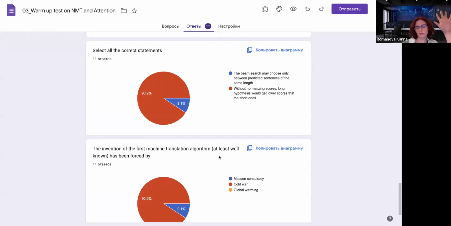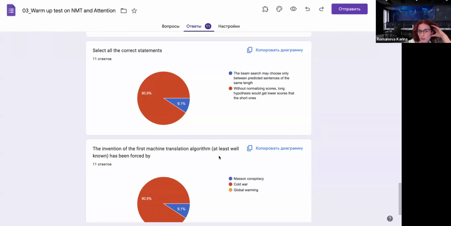Why? Longer hypotheses tend to accumulate lower probabilities, since the score is calculated as a product of individual token probabilities. Normalization helps balance this bias towards shorter sentences.